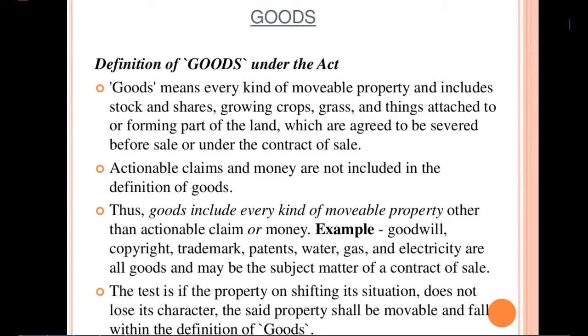Thus, goods include every kind of movable property other than actionable claim or money. For example, goodwill, copyright, trademark, patents, water, gas, and electricity are all goods and may be the subject matter of a contract of sale. The test is whether the property, on shifting, does not lose its character. Such property shall be movable and fall within the definition of goods.